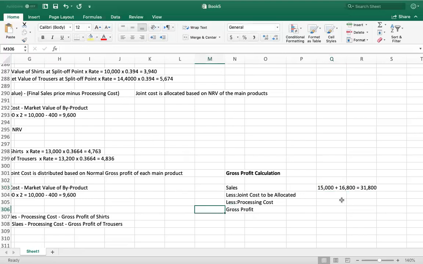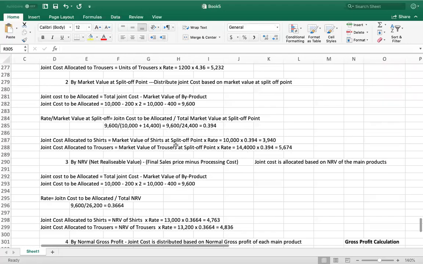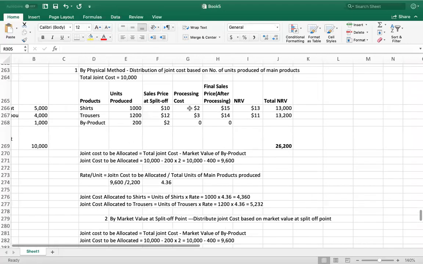Then we have less joint cost to be allocated. How much joint cost do we have to allocate? 9,600. We will minus processing cost. Total processing cost is how much? This is per unit cost, per unit cost is 2. Here per unit cost is 3.